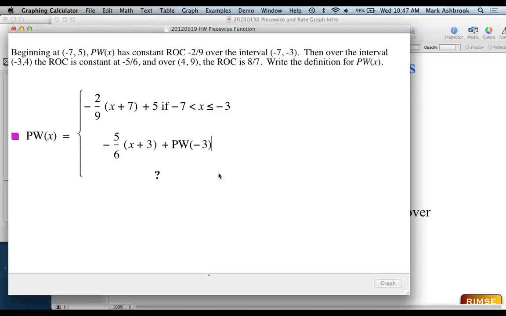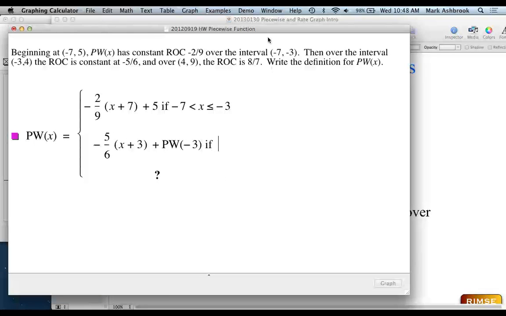Agree with that? Is that the B value at -3? Because if you're in this line here, it's going to call upon the function PW of -3. Well, let's finish it and then we'll talk about that.